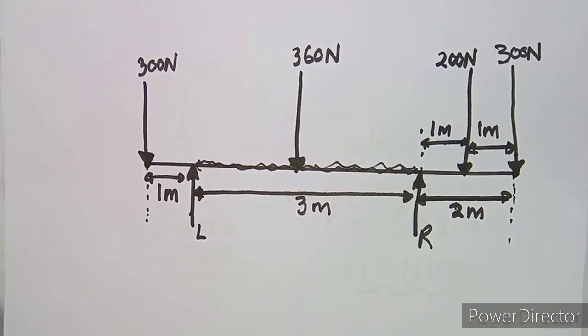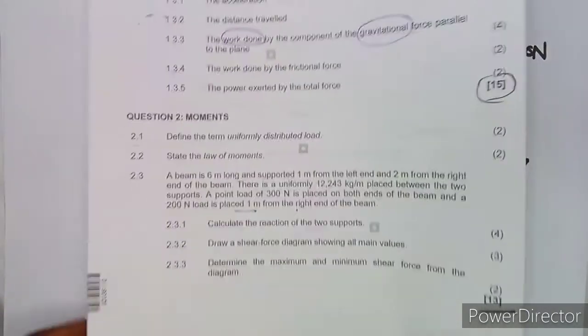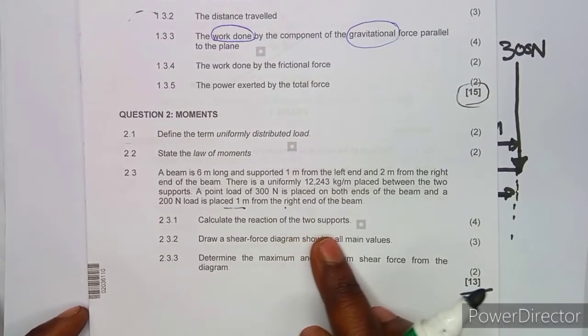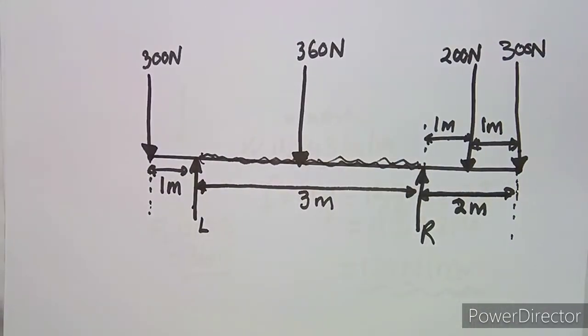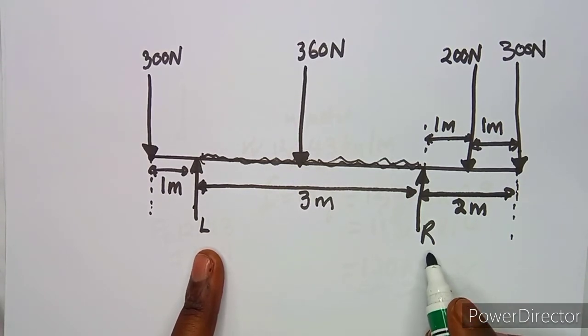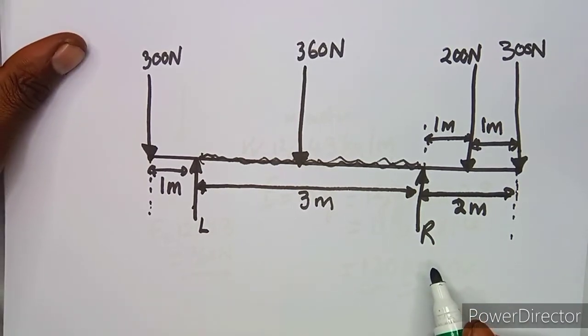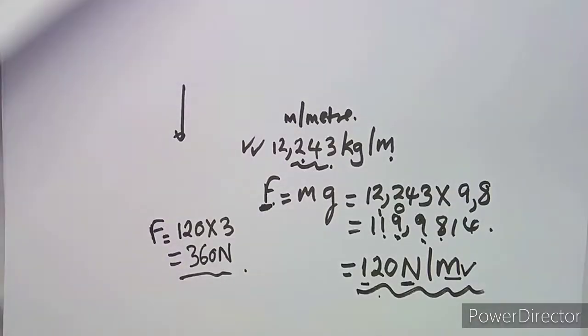That is what we have now. So the question is for us to calculate now the reaction of these two supports, which I indicated L, and this one I indicated R. All right, so using the laws of moment, the ones that we talked about, sum of clockwise moments equal to anti-clockwise moments, that is what we are going to work with.